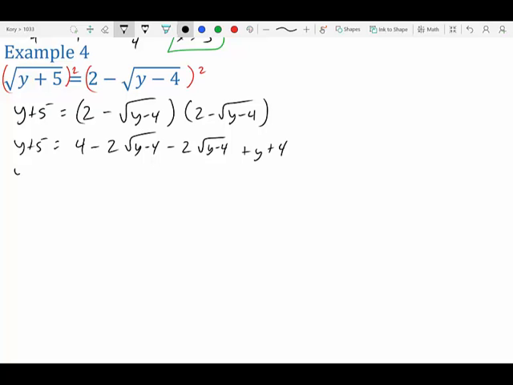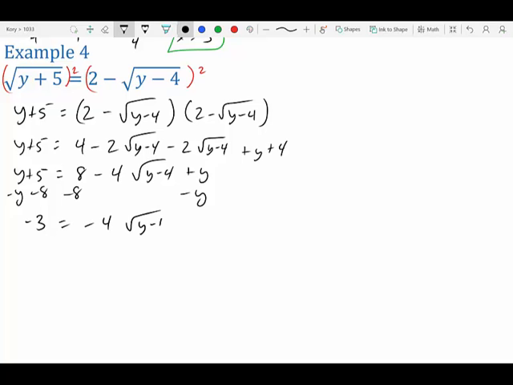Combine like terms, so we have y plus 5 equals y plus 8 minus 4 times the square root of y minus 4. And then we need to subtract the 8 and subtract y. So we have negative 3 equals negative 4 times the square root of y minus 4.